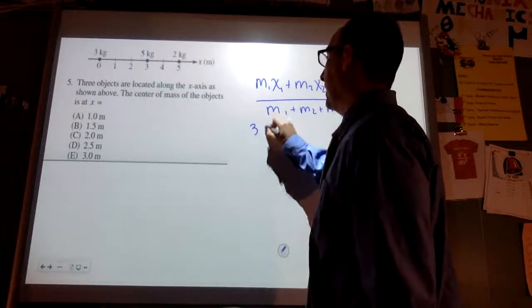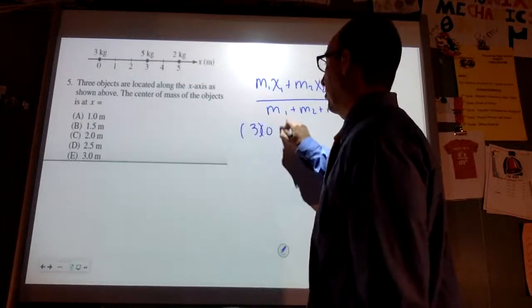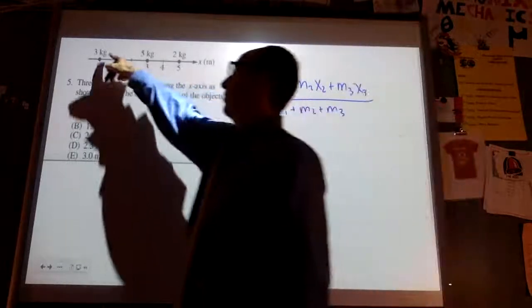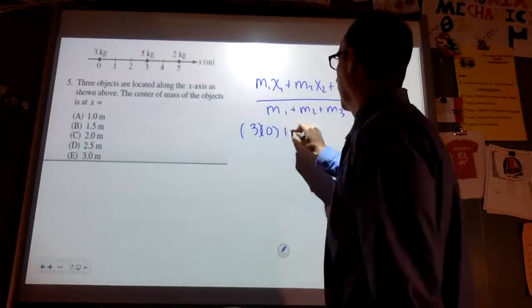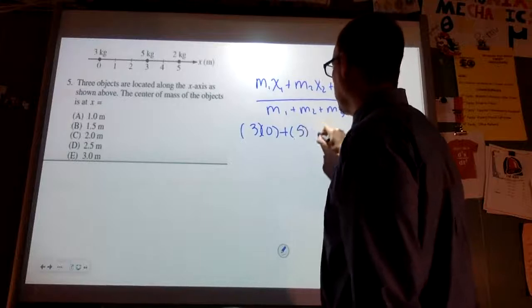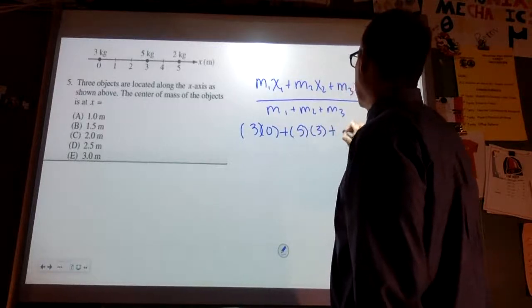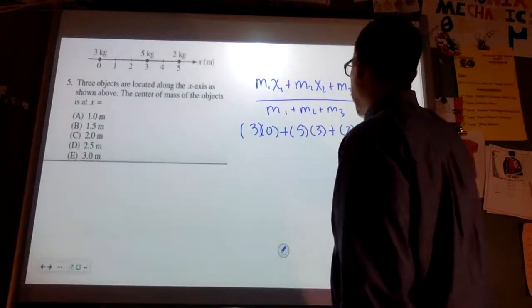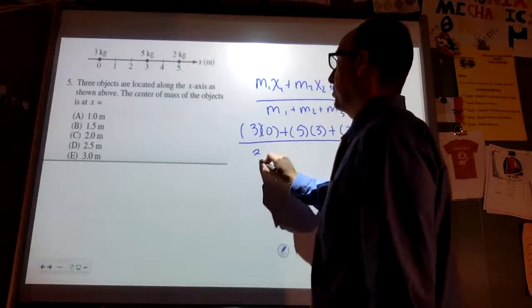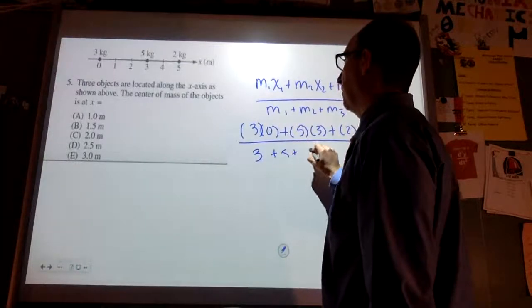So I'm going to have 3 times 0, because it's located at 0, 3 kilograms at 0, plus 5 kilograms at 3, plus 2 kilograms at 5, is equal to 3 plus 5 plus 2.